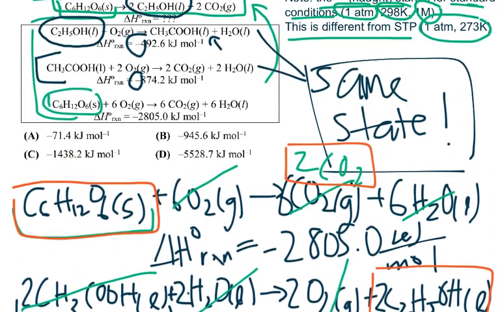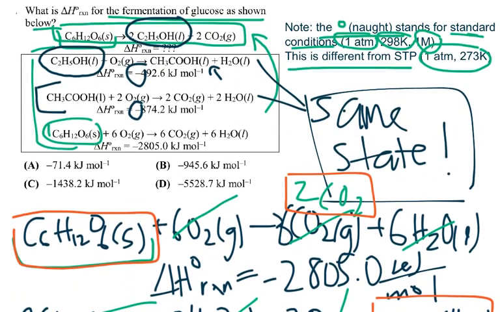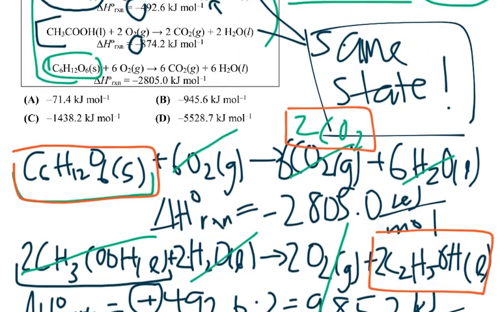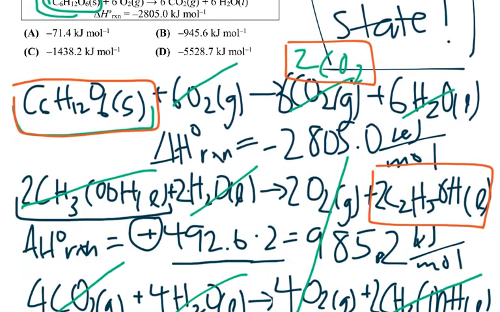So it looks like the net reaction is reflected in this reaction over here when we decide to add up these 3 equations that we created. So it worked out perfectly.